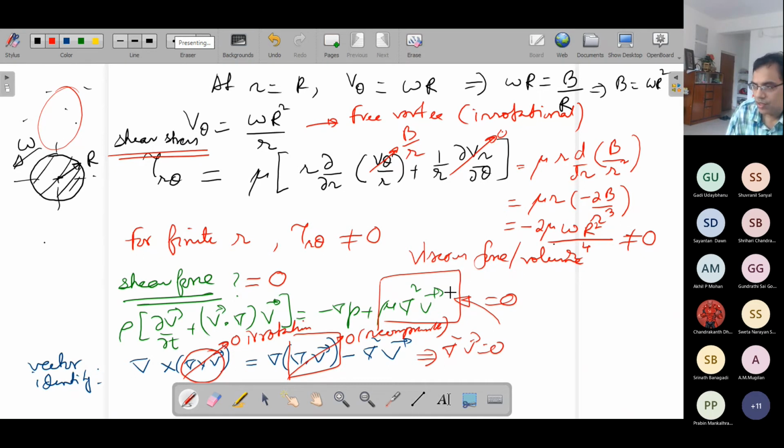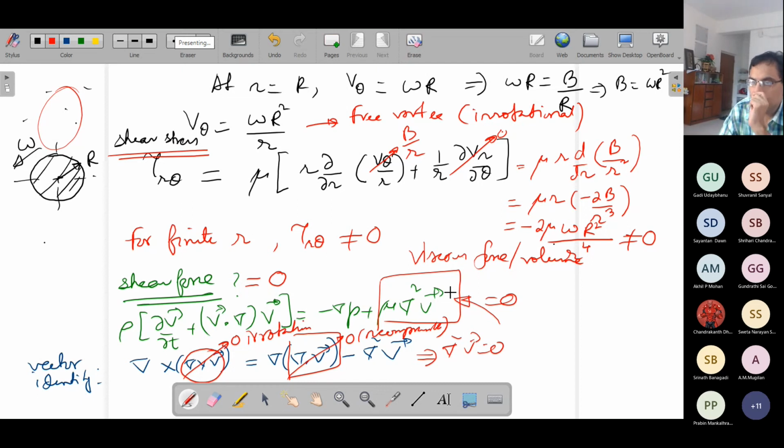So I'm putting up a question to you, and this is a very interesting question. You think very, very deeply to explain it physically. It's not so easy to explain it. So this is where in-depth understanding of fluid mechanics comes. I'm again repeating, it is not by just integration, differentiation, vector calculus, etc. So you have shear force equal to 0, but shear stress locally not equal to 0.